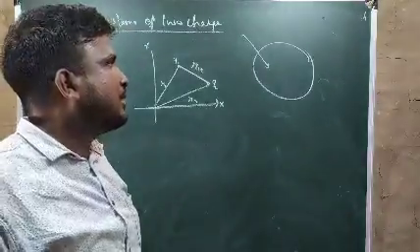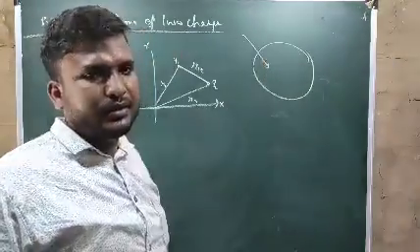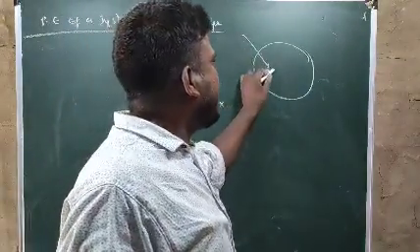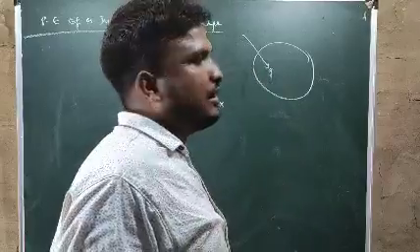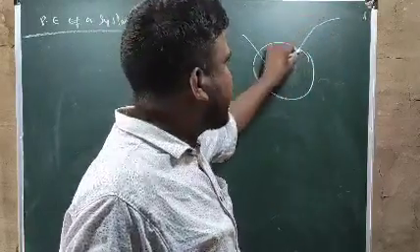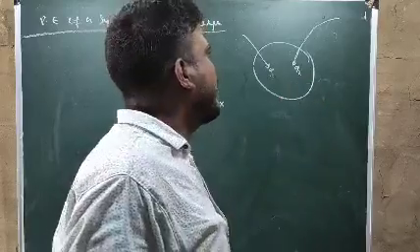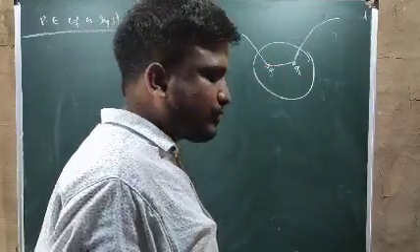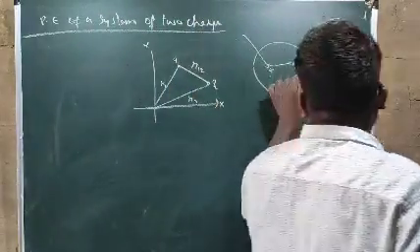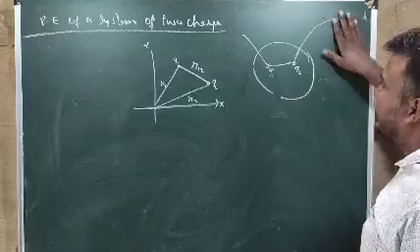Obviously not, because this is nobody's. So he came and reached this point. Now if some other person comes and tries to stay here, will he be able to come very easily? No, because this person will oppose.